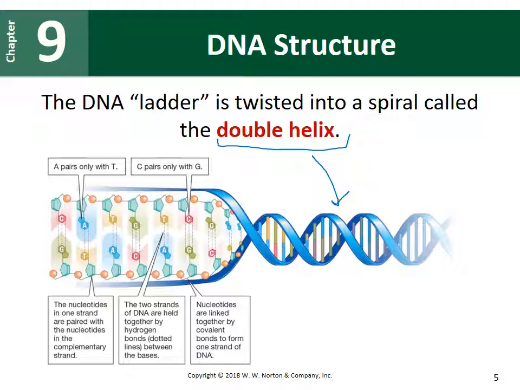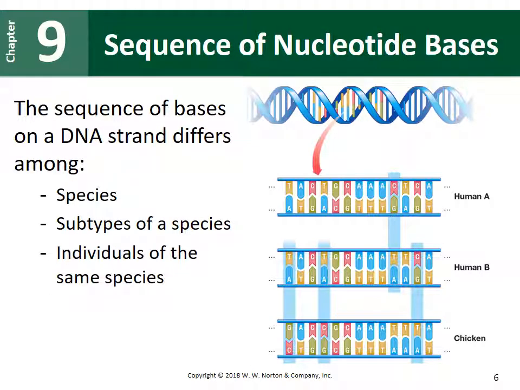So within our DNA double helix, all living organisms contain DNA that gives them genetic instructions. The sequence of those bases, the adenine, thymine, guanine, and cytosine, differs in every single DNA strand, and this can differ among different species. So for example, we have different sequences of DNA in humans versus domestic dogs versus different plants.